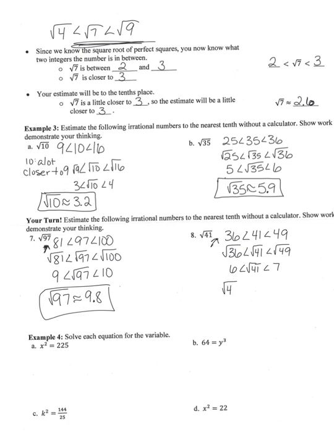So the square root of 41 is, I would say it's just below that halfway point, right? 41 is almost in the middle between 36 and 49, but it's a little closer to 36. So I'm going to estimate 6.4.